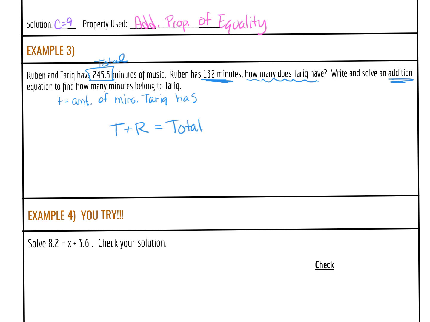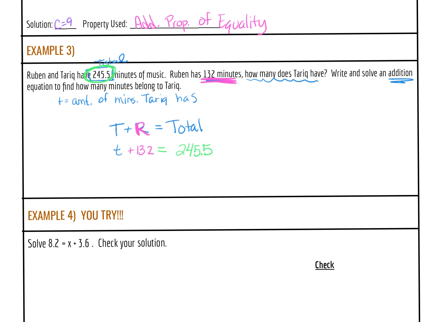We don't know the amount that Tariq has, so T is our unknown, which we said, but we do know Ruben's amount. Ruben has 132, so plus 132. And we do know the total amount of minutes, which is 245 and 5/10 minutes.